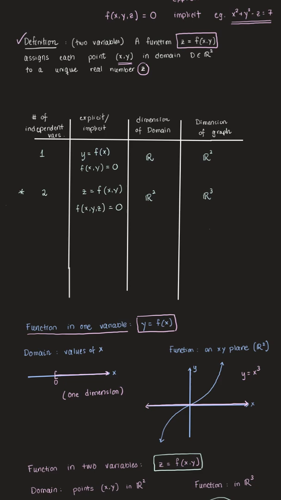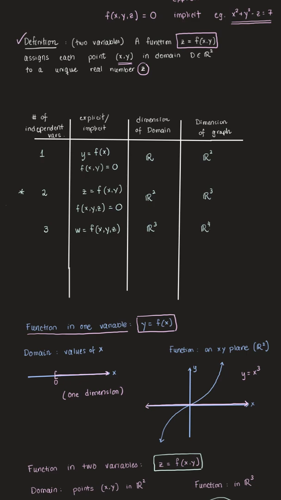But we can jump higher in dimensions, and we can say, what if we have 3 independent variables? Then that's called a function of 3 variables. Explicit definition might be, let's say w depends on x, y, and z. Our domain is in space in R3, and the graph of the function is in R4, 1 dimension higher, which we cannot see. So the idea here is the dimension of the domain is 1 dimension lower than the dimension of the graph.